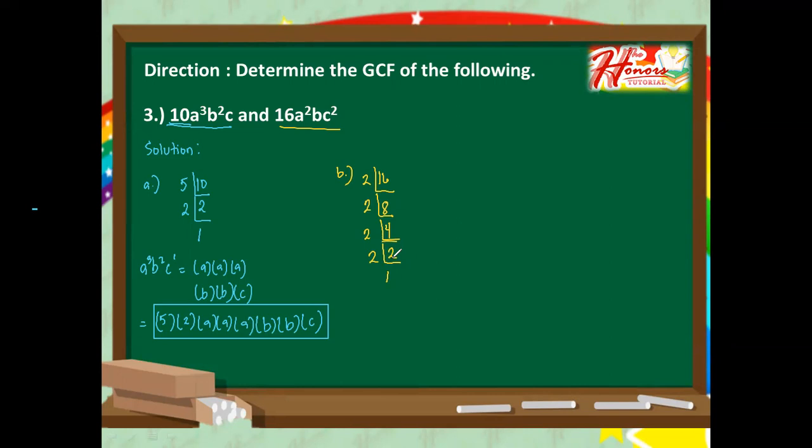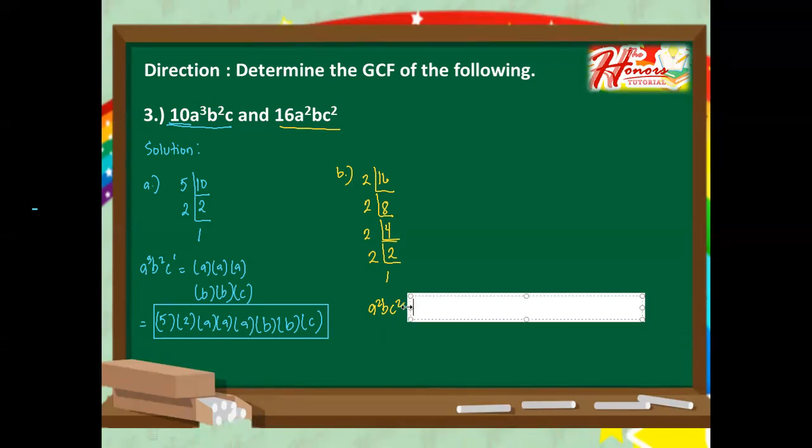For the variables, we have here a squared b c squared. So for this kind of example, if we expand it, it will become a times a times b times c times c. Okay, let me just use other colors so I may see it here.